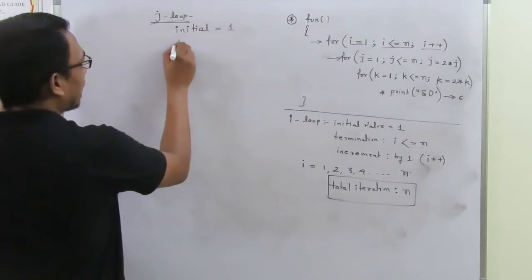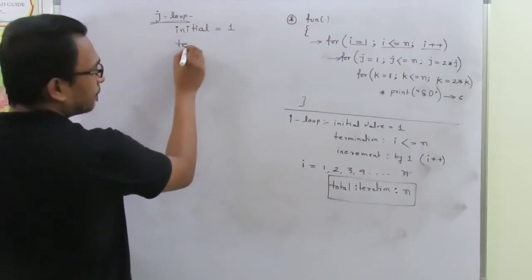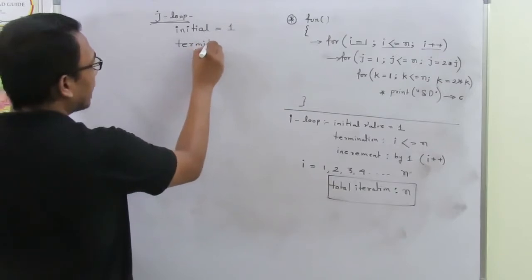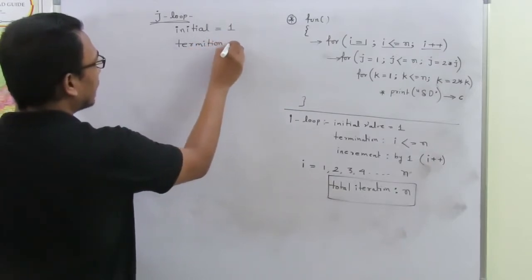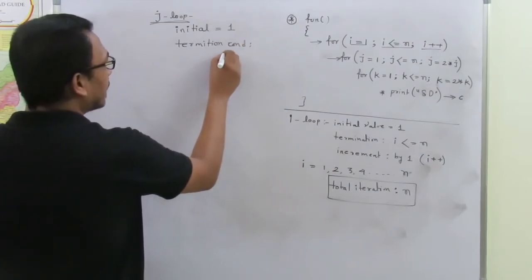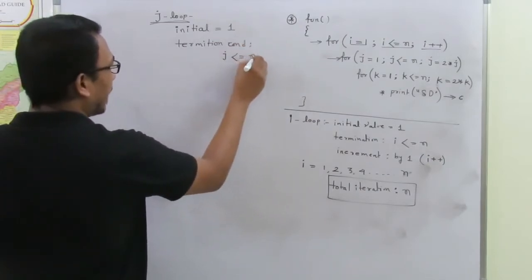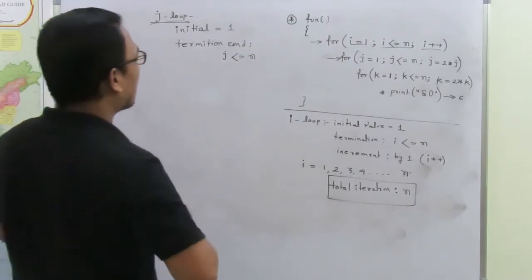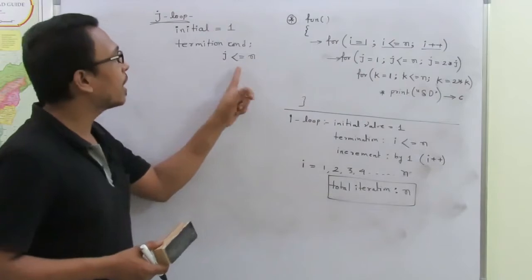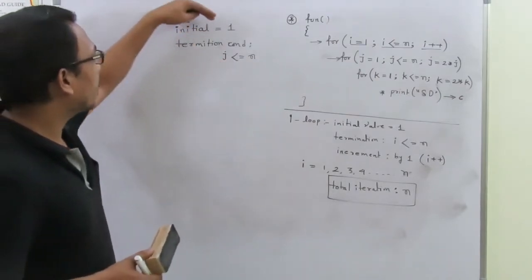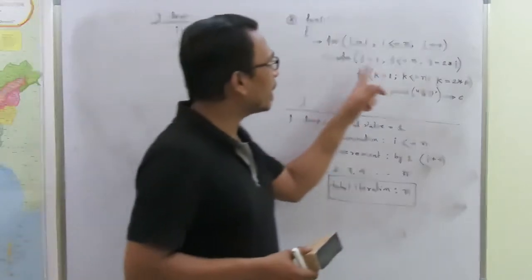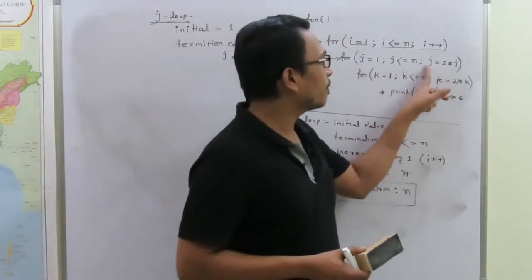The termination condition is j less than or equal to n, that means it will start from 1 and continue till n. And how do we increment the value of j?